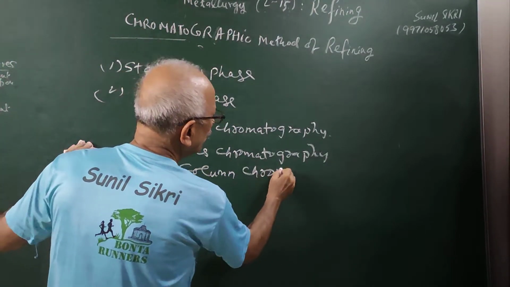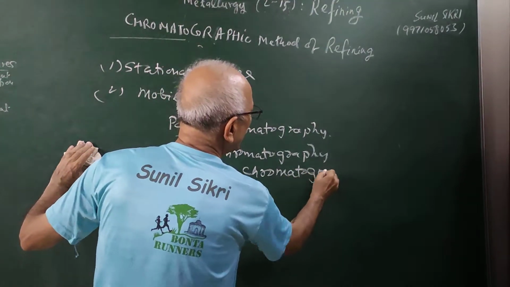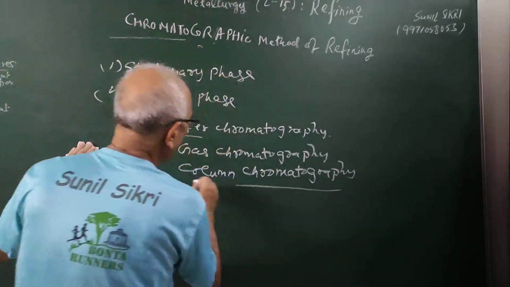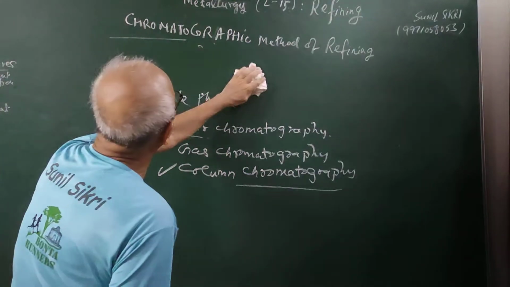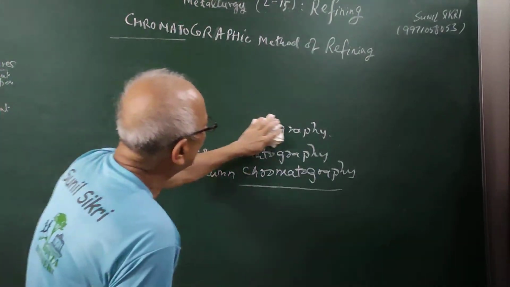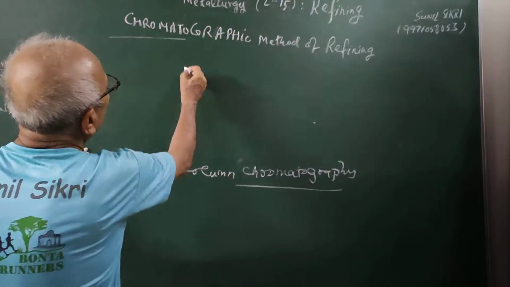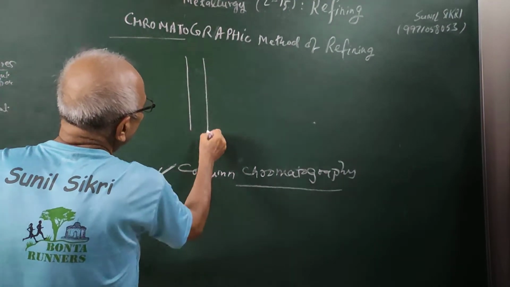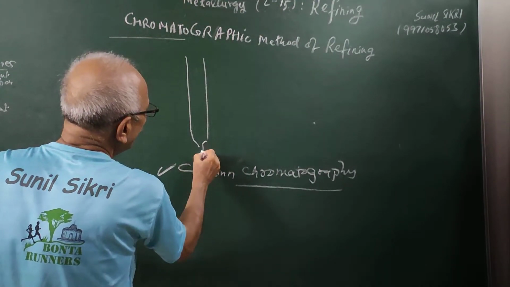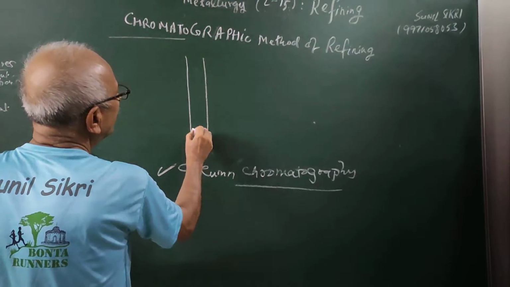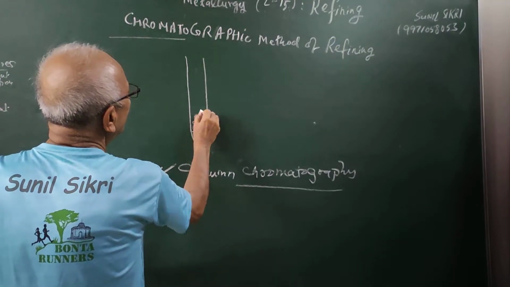Here I am going to show you the simplest one, column chromatography, which we are talking of in our course. So what will we do in column chromatography? Let us see how we make the column. Here I am making a column, students, and this column has my stationary phase.